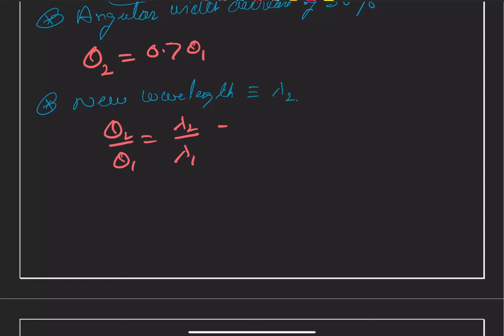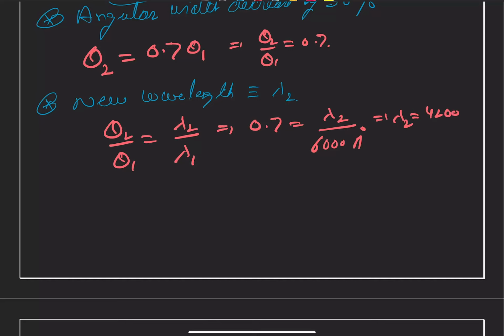And the ratio of theta 2 and theta 1 is nothing but our 0.7. So this gives us 0.7 is equal to lambda 2 upon lambda 1, and lambda 1 is our 6000 angstrom. So this gives us our lambda 2 will be equal to 4200 angstrom. So this is the new wavelength. Now it says that it is immersed in the liquid.